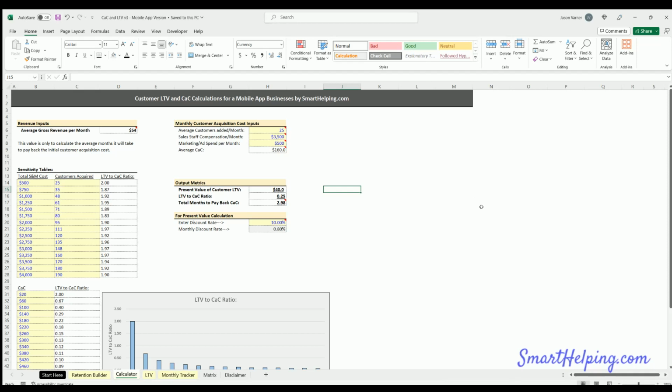And so this might make it a little bit easier to understand as well. This $40, if you were doing the same analysis for all of your customers and trying to figure out what makes sense for how much you can spend to acquire a customer. Let's say you have 1,000 customers.